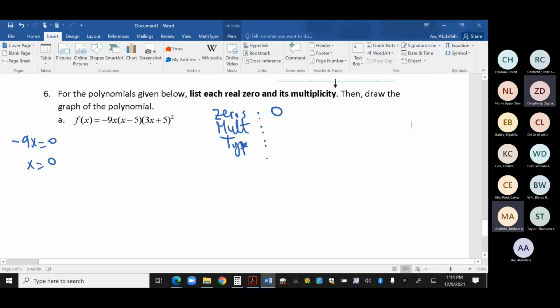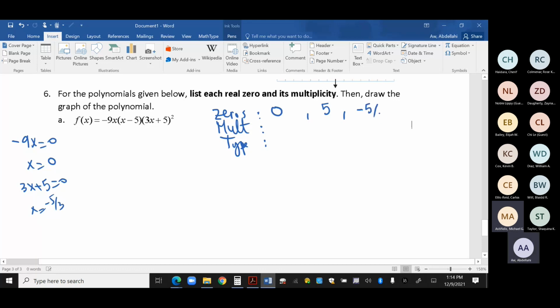And then there's +5. Then you have, what's the last one? -5/3. Remember, you have to set 3x plus 5 equals 0, and then you get x equals -5/3, right?